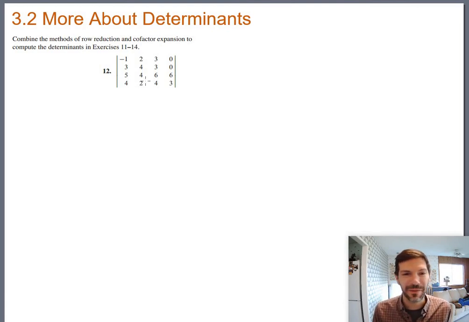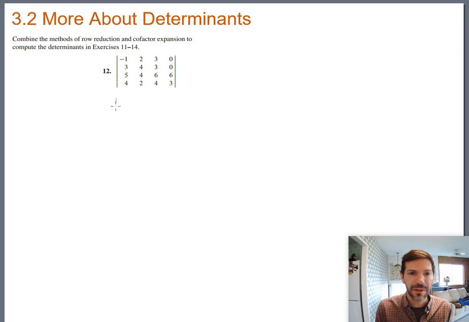And it's different for every one of these, but looking at 12, I already see if I did cofactor down the fourth column, I'd get a couple zeros, and that's fine. But let's be even more efficient, and let's say the more zeros the better. I could work on this fourth column, but just for sake of illustration, I think maybe I'll work on the first column.